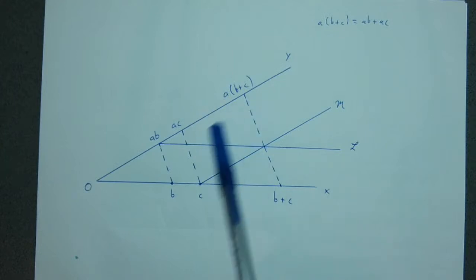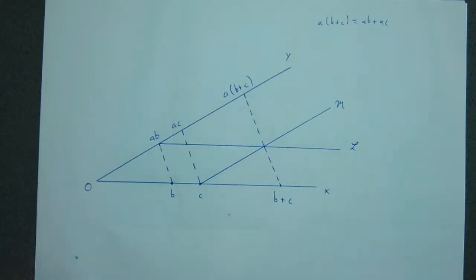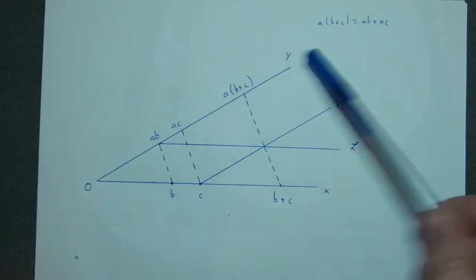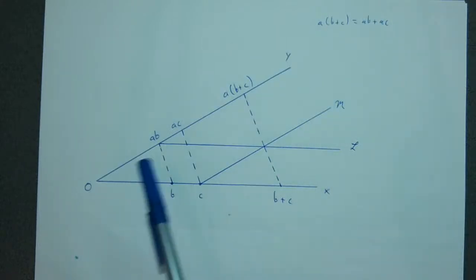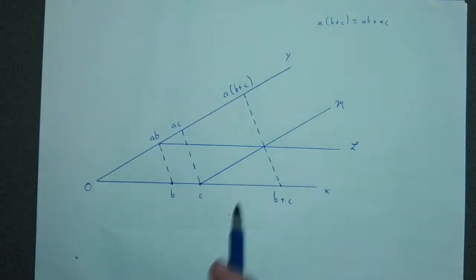So I've constructed the left-hand side, A times B plus C. I want to construct the right-hand side, AB plus AC. So how do I do that? I'm constructing that on the y-axis. So I already have one of the construction lines here in the form of the one that goes from AB to L here. So then the construction line for AC is going to be the one parallel to that intersecting M.